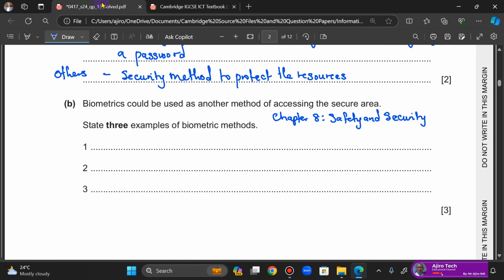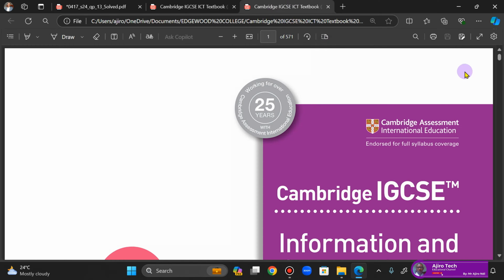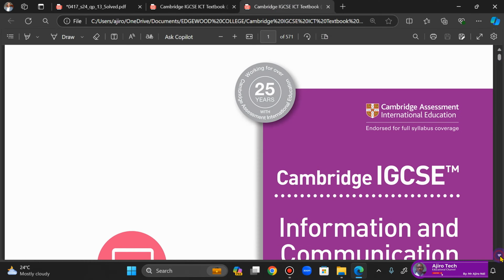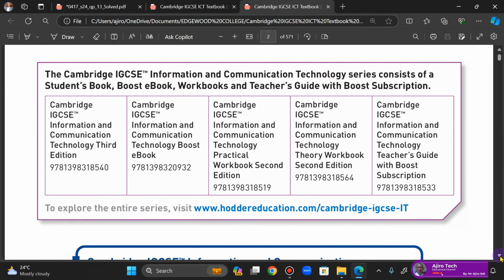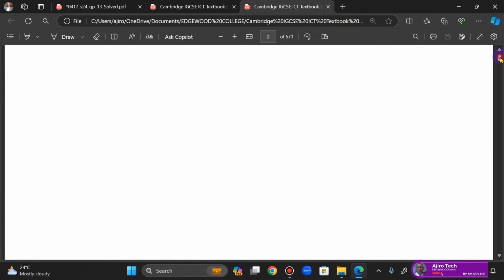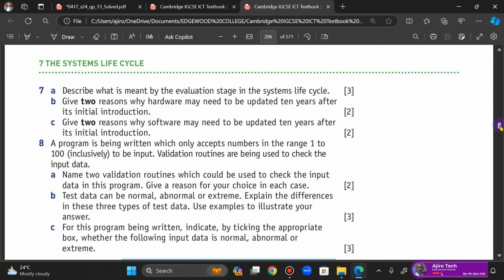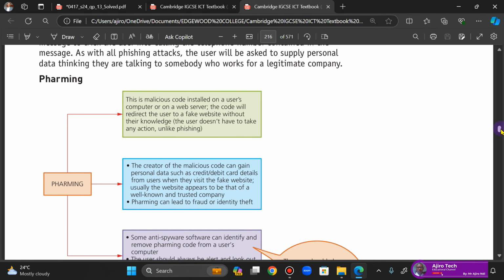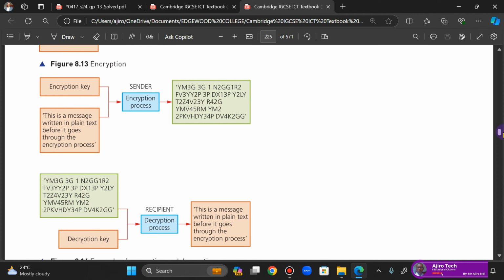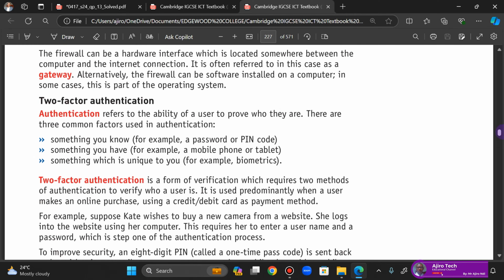Okay, so let me duplicate this so we can be more effective and faster, because I want to show you where you actually find it. I think I'm getting close.